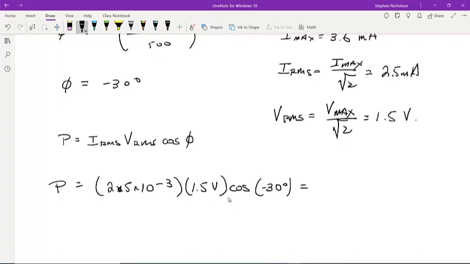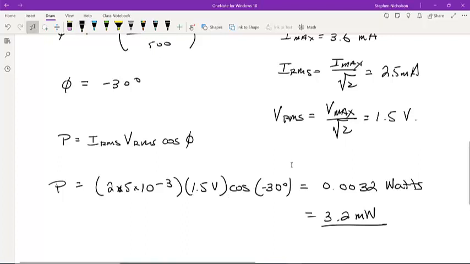And so we end up with 0.0032 watts, or 3.2 milliwatts. Okay, so that's impedance.